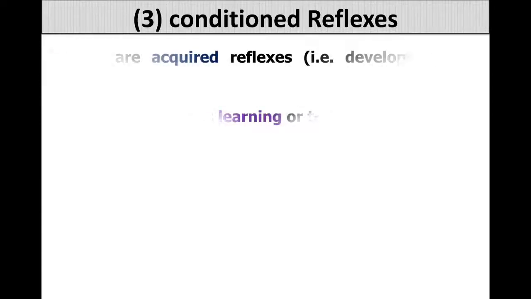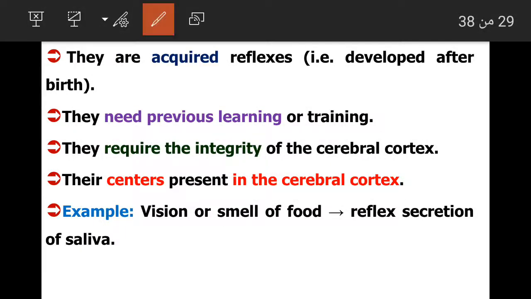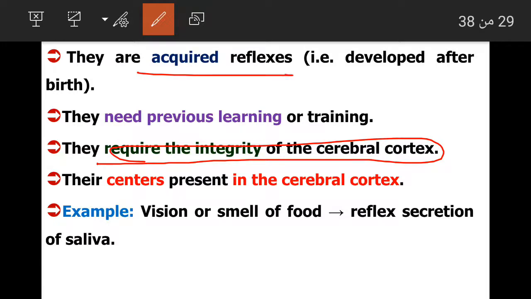The second type of reflexes is the conditioned reflexes, or رد الفعل الشرطي, because they need integrity of the cerebral cortex, so it is called a conditioned reflex. What are the characters of conditioned reflexes? They are acquired reflexes, ردود أفعال مكتسبة, developed after birth.